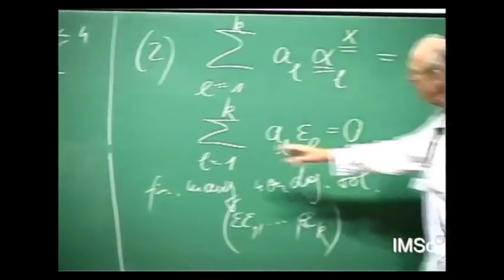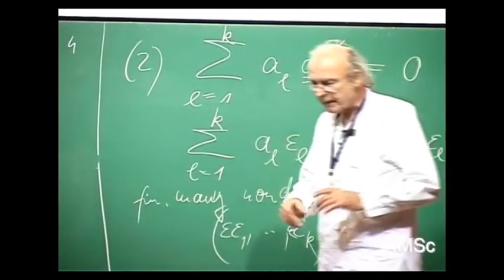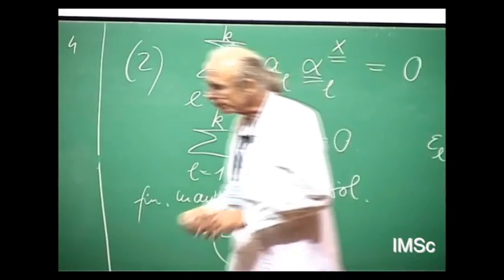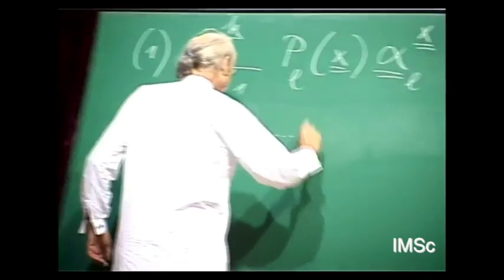If we consider an arbitrary solution of this equation, well, it might happen that there are some vanishing subsums. Now, let us write Lambda for the set of our subscripts 1 up to k.